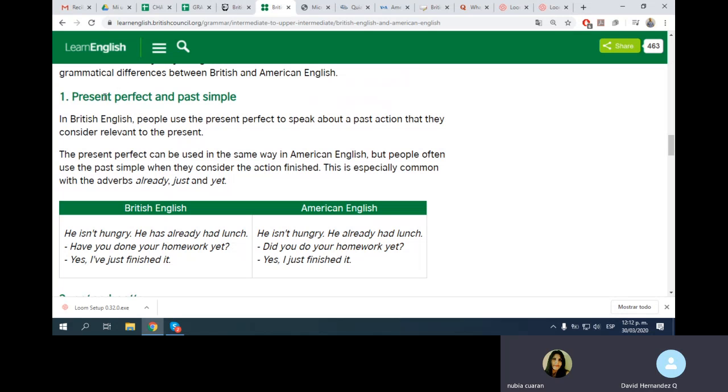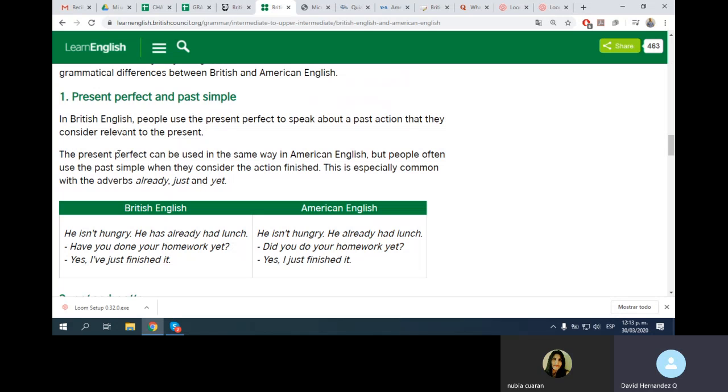So, present perfect and past simple. In British English, people use the present perfect to speak about a past action that they consider relevant to the present.